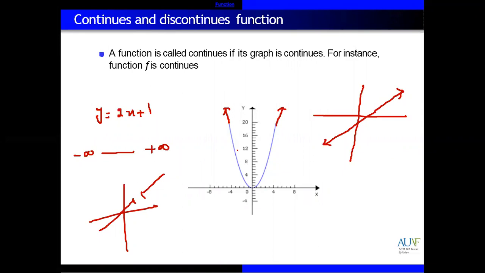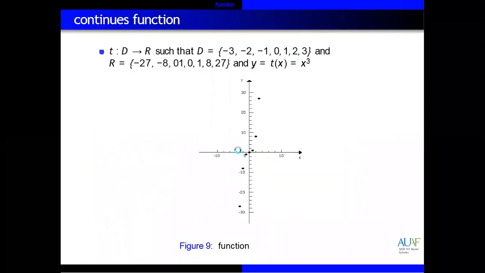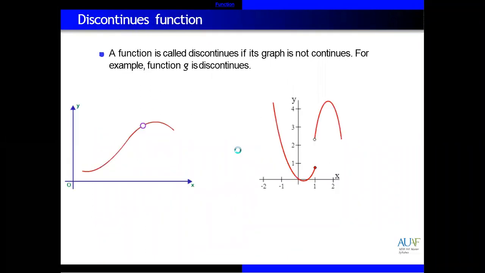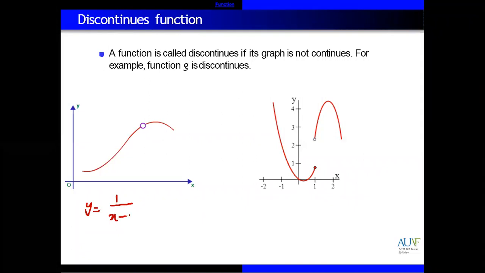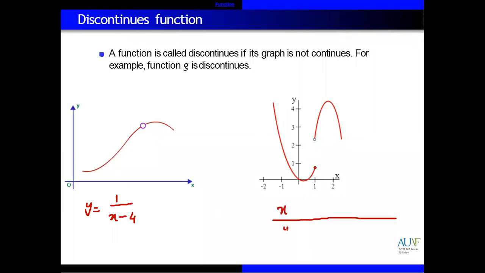A discontinuous function is one with some gaps. What does a gap mean? Suppose we have a function y equals 1 over x minus 4. Now giving values to x will give you the value of y.